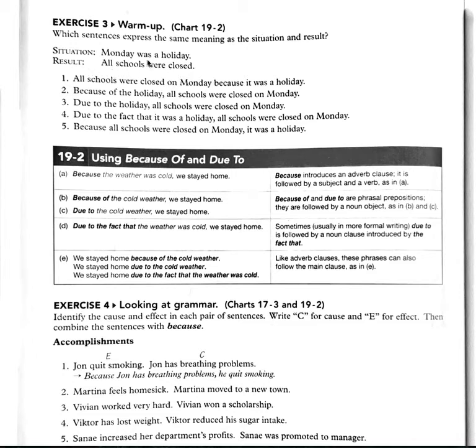So we have to find the sentences that give us the same meaning as this situation, Monday was a holiday, and this result, all schools were closed. So number 1, all schools were closed on Monday because it was a holiday. Does that give us the same meaning as the situation and the result? Yes. So number 1, circle it.